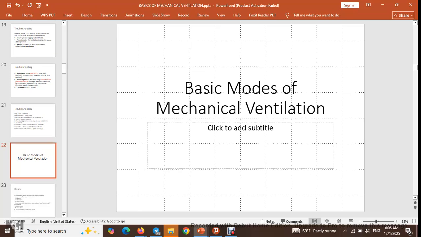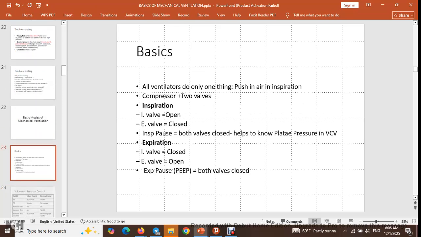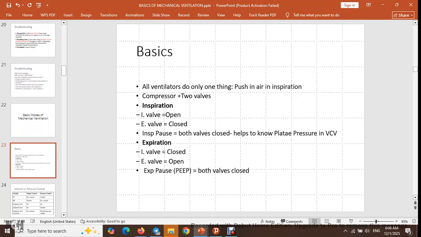You should also see that most mechanical ventilators do only one thing: push air in during inspiration with a compressor, and they have two valves, an inspiratory and an expiratory valve. During inspiration, the inspiratory valve is open and the expiratory valve is closed.